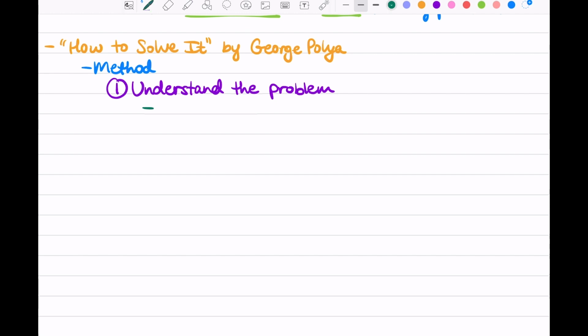You want to ask yourself, do you know all the words? If there's a word you haven't seen before, you need to figure out what that is before you dig into the problem. Another important question is, what are you looking for?